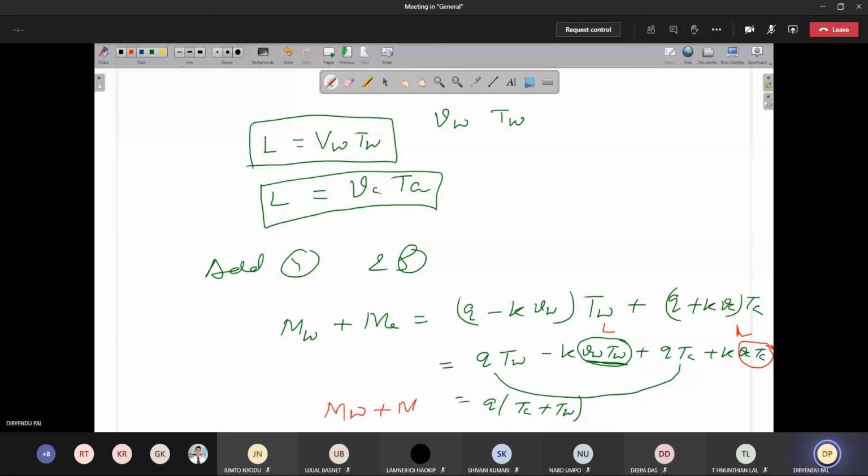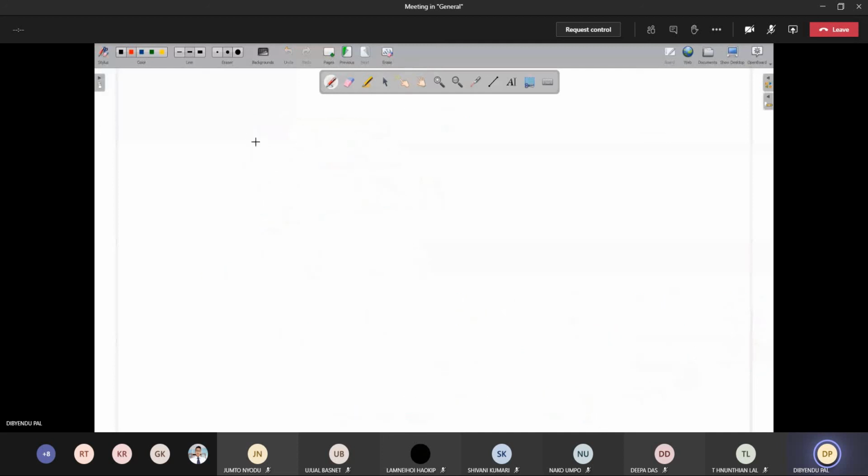Ultimately what is left is MW plus MA equal to Q into TA plus TW. From here I can write the flow Q is equal to MA plus MW divided by TA plus TW.